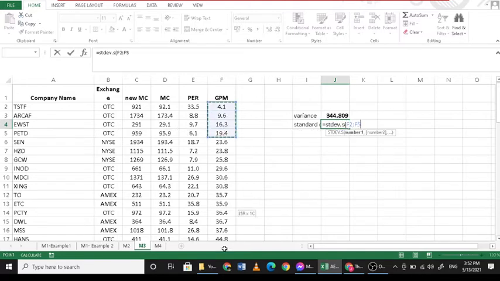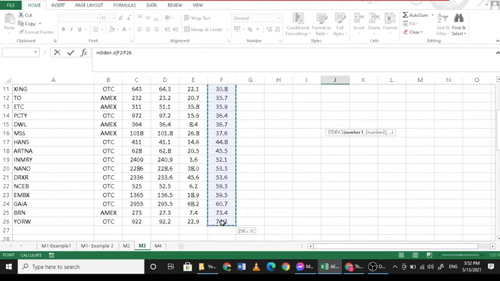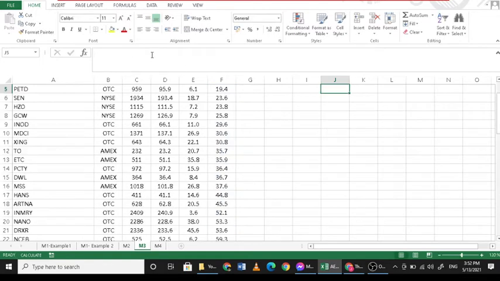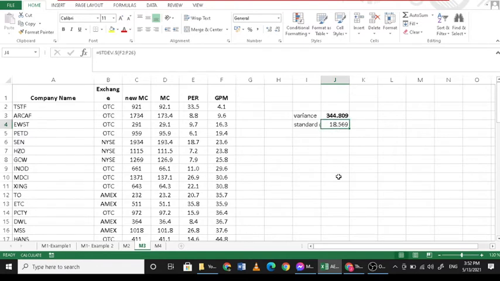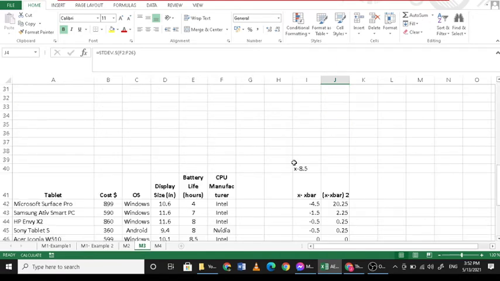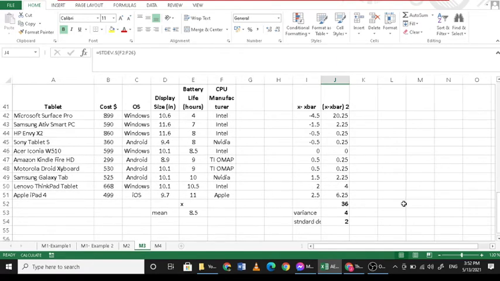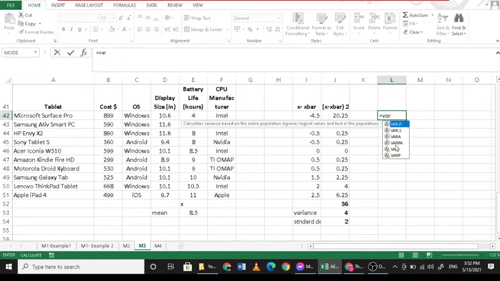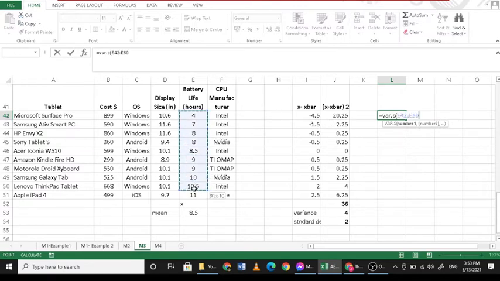Then you simply select the range and close the parenthesis. So this is now the standard deviation for this sample. If you want to check that it works, use equal VAR.S and select the battery life.